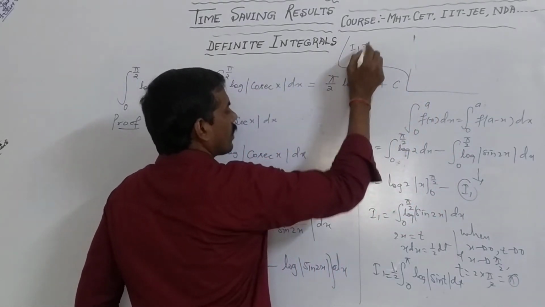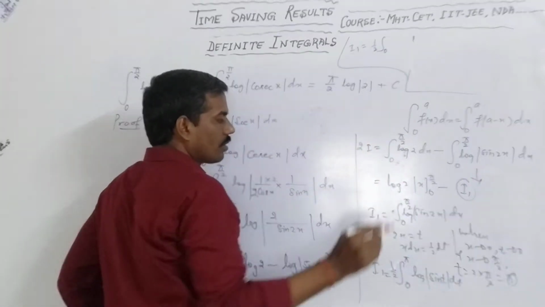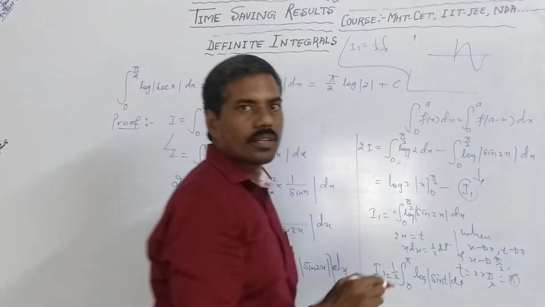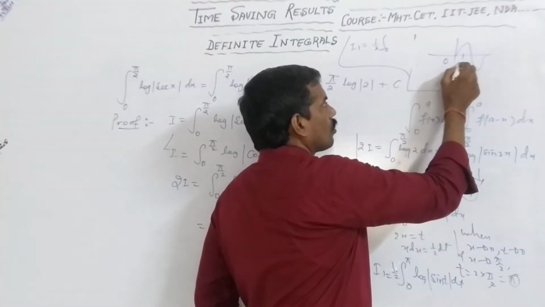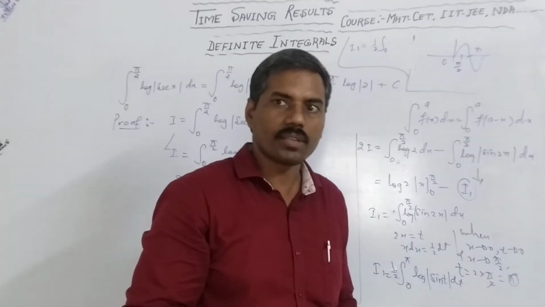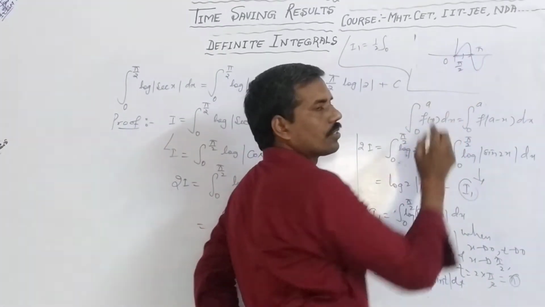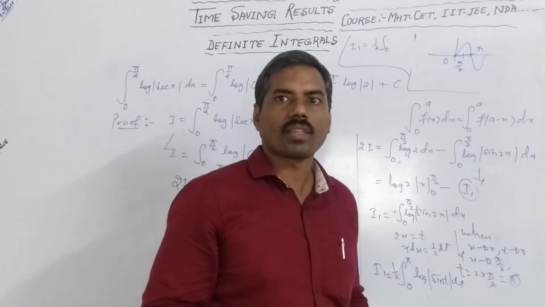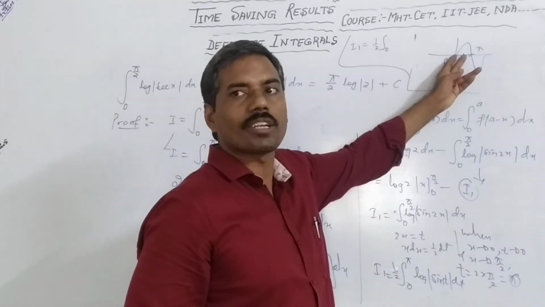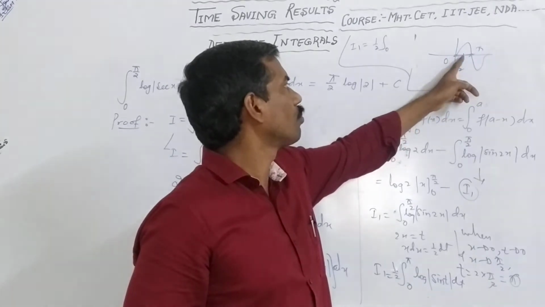So I1 is equal to 1 by 2 times the integral from 0 to pi, and we know that the graph of sin x is like this, with range 0, pi by 2 and pi. The graph of sine is symmetric about pi by 2, so the integral from 0 to pi is twice the integral from 0 to pi by 2.